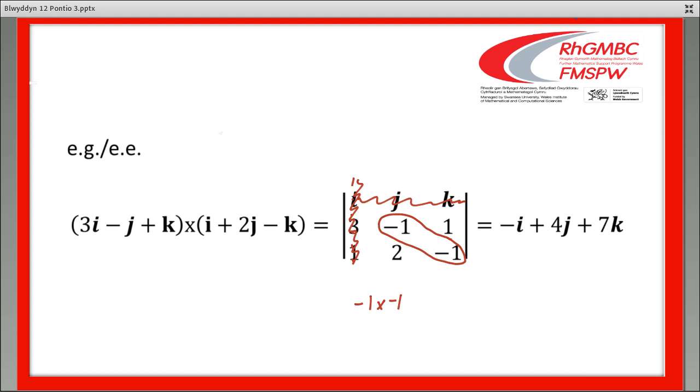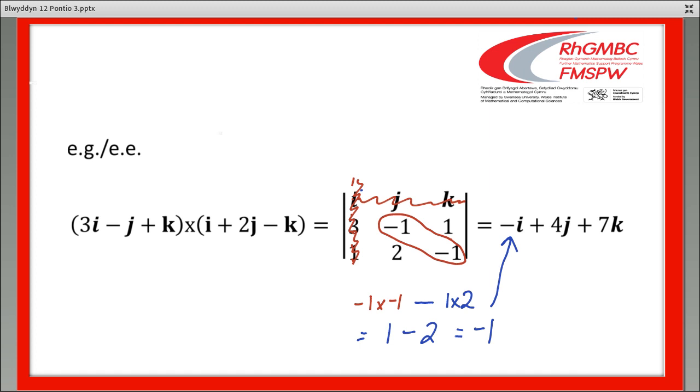And then we're going to subtract 1 times 2. So that technically gives me 1 take away 2, which is minus 1. And that is the minus number in front of the I. So cross out the I's and work out those numbers that go in front of the I.